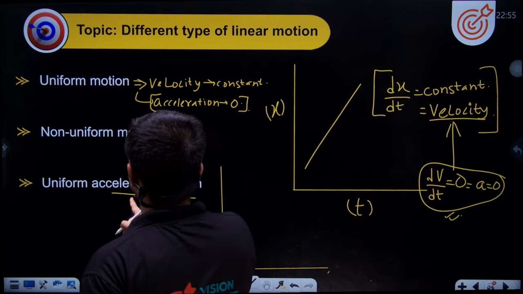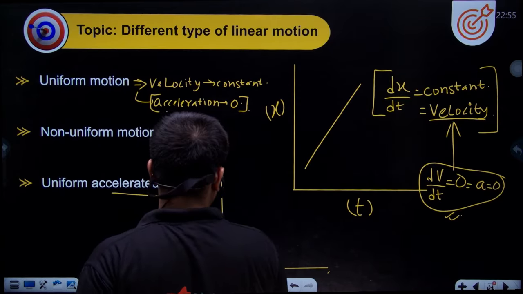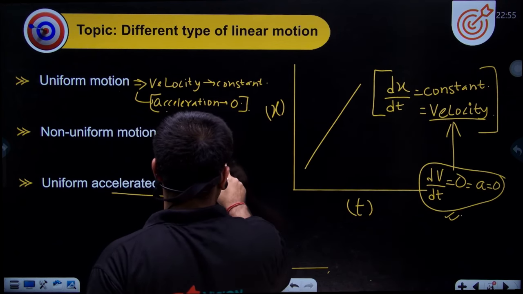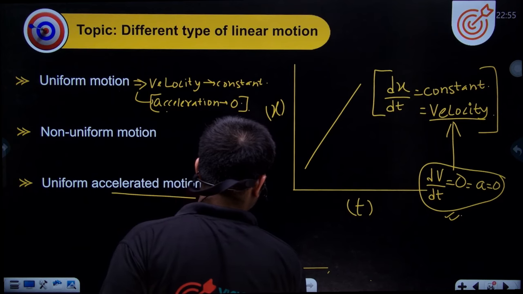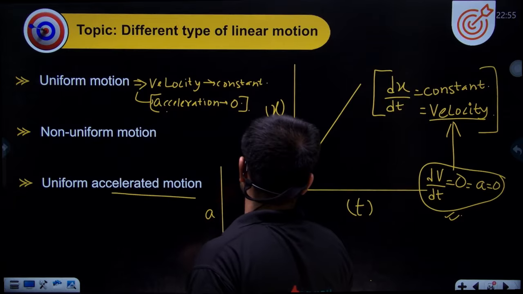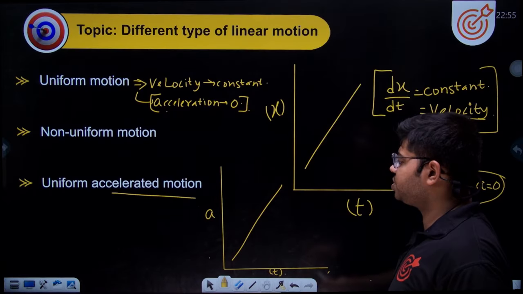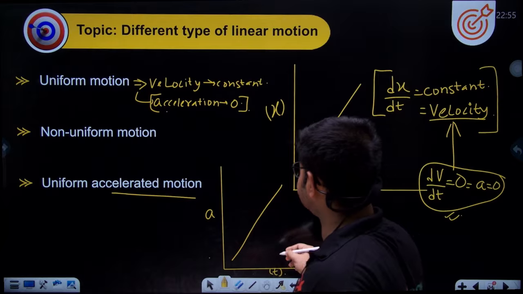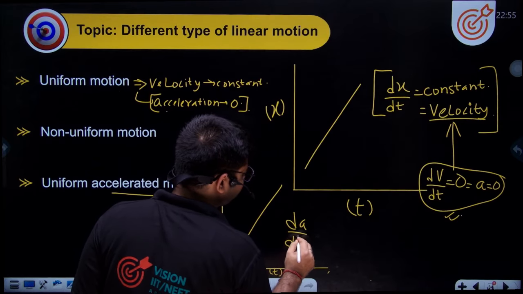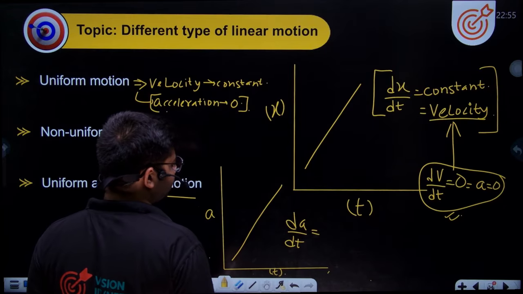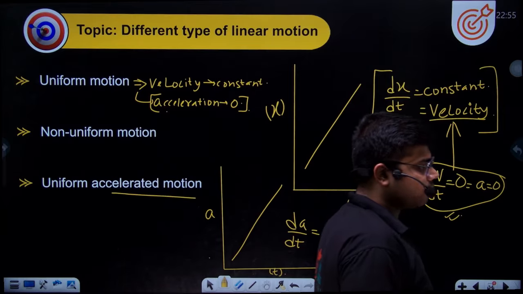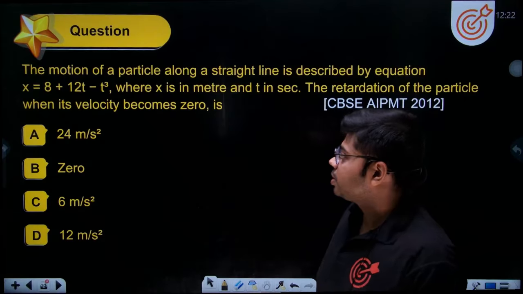This is also non-uniform motion, because if I plot a curve for a versus t, acceleration versus time, it is going to be uniformly accelerated, either upward or downward, whatever you say. But dA/dt is a constant. So this slope is constant. This is for uniformly accelerated motion.